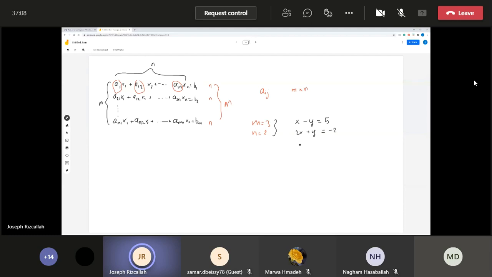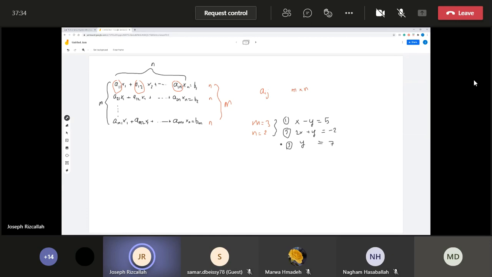And then we'll have, let's say, a very simple one, y equals 7. So this is a system of 3 equations in 2 unknowns, so m equals 3. Equation number 1, equation number 2, and equation number 3.